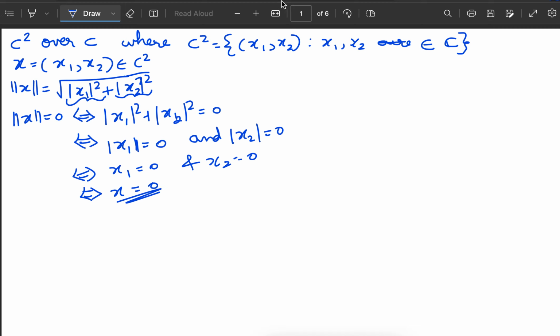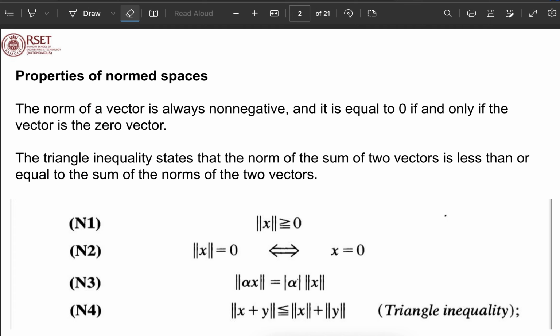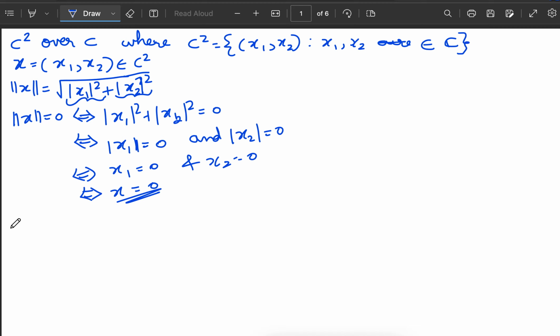Okay, so let's check the third property. The third property is norm alpha x is equal to mod alpha into norm x. First we need alpha x. Here x is the ordered pair x1, x2. So alpha x is equal to, we multiply alpha to each component x1 and x2, that is alpha x1, alpha x2. So what is norm alpha x?